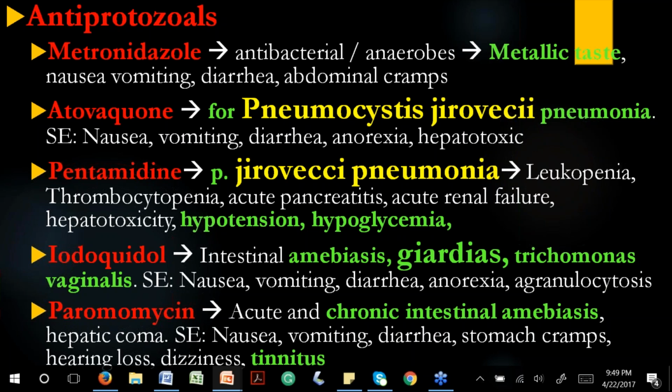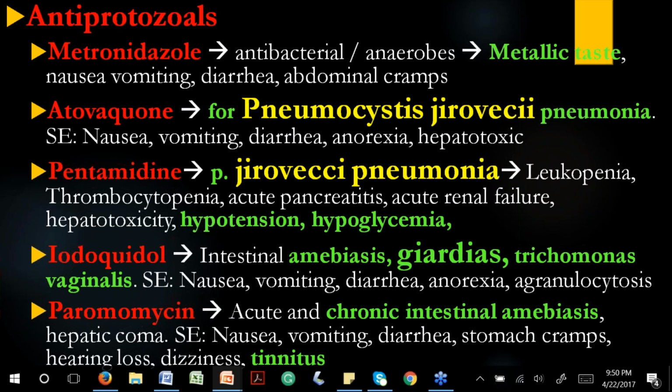The last thing is iodoquinol. Iodoquinol is going to treat diarrhea caused by parasites, and these parasites can lead into enterocolitis. It means that you have diarrhea with blood, and that can cause perforation of the intestine. So iodoquinol is used for amebiasis that can produce diarrhea.